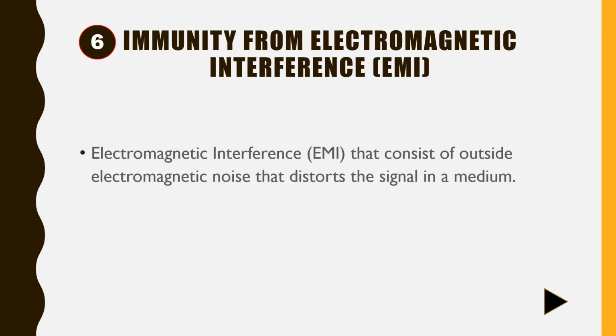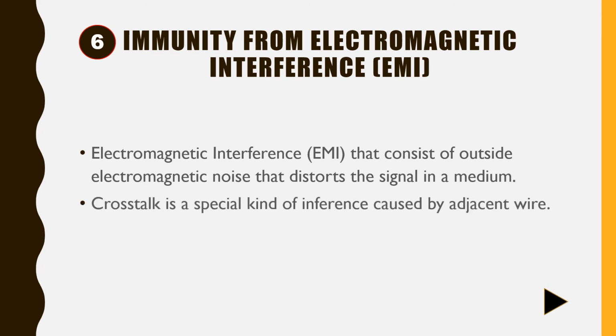EMI consists of outside electronic noise that distorts the signals in the media. For example, on a rainy day, because of the lightning effect, sometimes the data gets distorted in the media. That is also one example of electromagnetic interference on the cable.